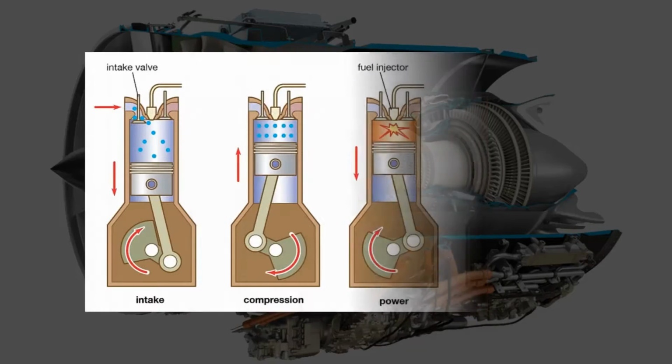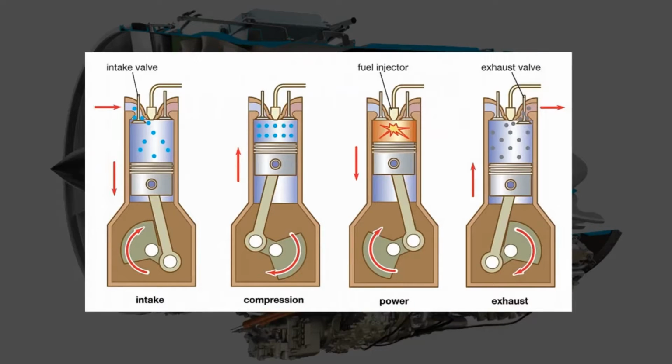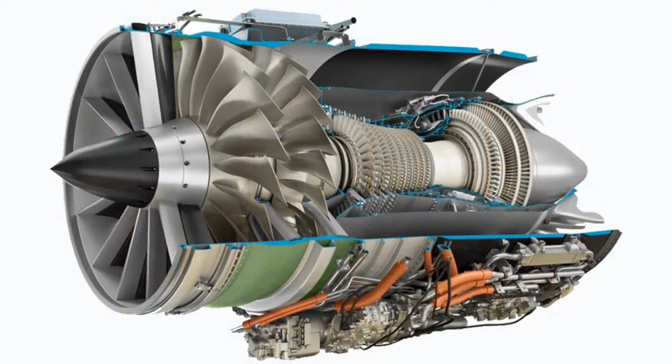In a reciprocating internal combustion engine, the functions of the intake, compression, combustion and exhaust all take place in the same combustion chamber. Hence, each stage must have its own place in the chamber during its respective part of the combustion cycle.